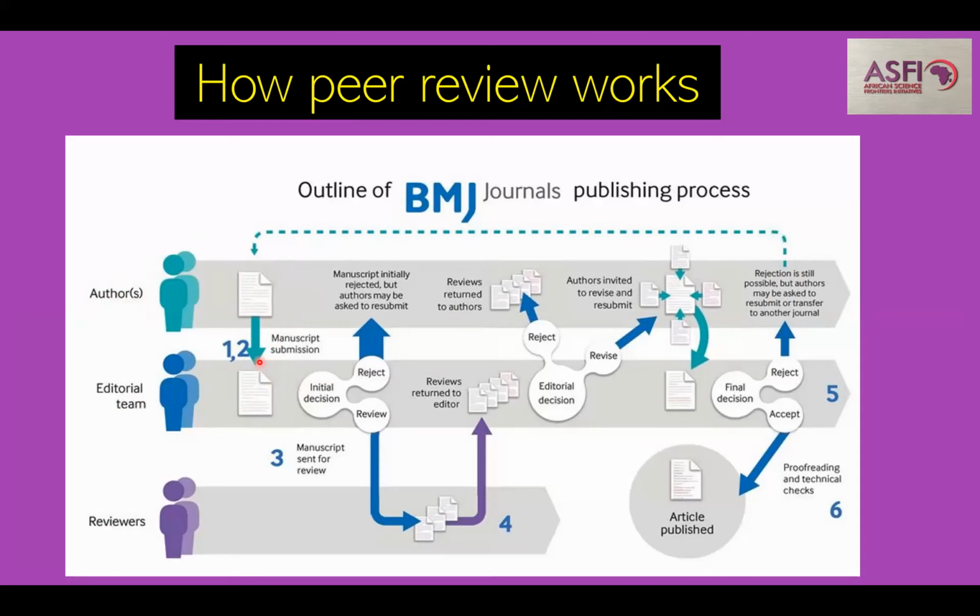And the first thing they do is they check that your manuscript adheres to the format they have outlined for authors to follow. And the editor takes your paper and has a quick look and sees whether it is of interest to them. At this point, the editor may, after checking it and not finding it interesting or for other reasons, reject. Okay?